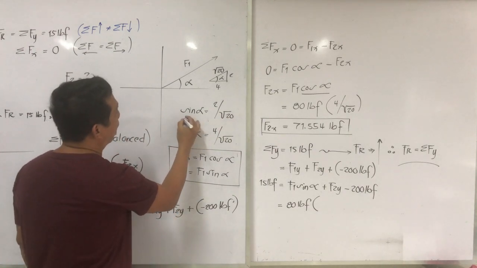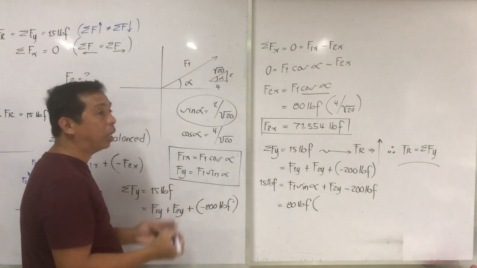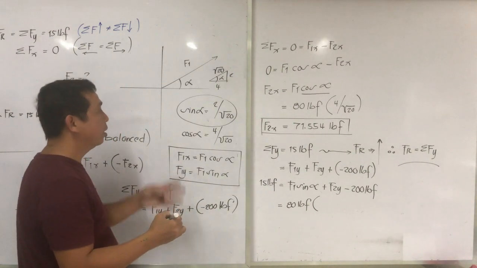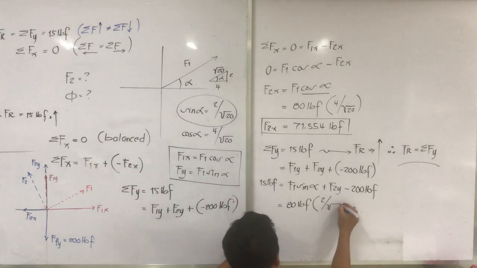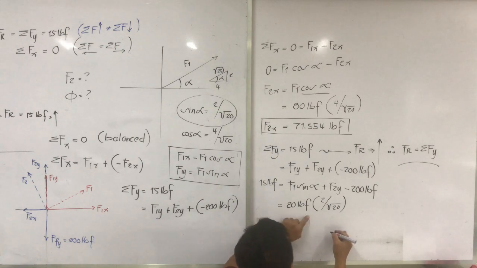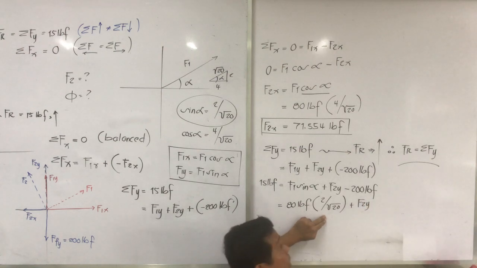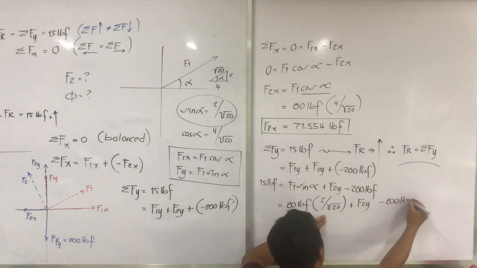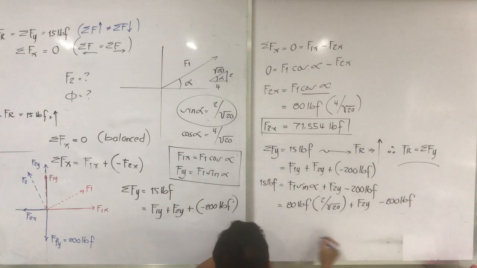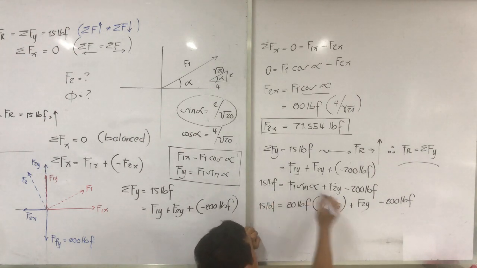Ang value ng sine alpha, again, kahit hindi mo na kinuha yung mismong angle ng alpha, sine function ng alpha ay tumbas na 2 over root of 20. So this is F1 sine alpha plus your F2y, same thing with F2x, hindi natin siya i-expand, subtracted with 200 pound force. So, ito na natin 15 pound force.